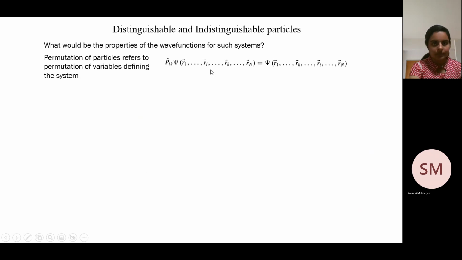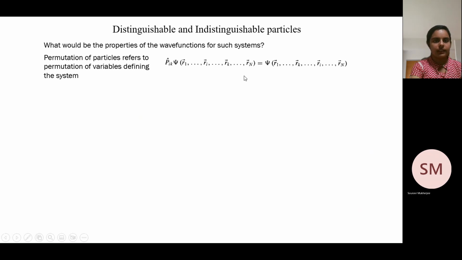Now you do a permutation where you have interchanged the ith and the kth particle. So ri, rk has been interchanged to rk, ri.